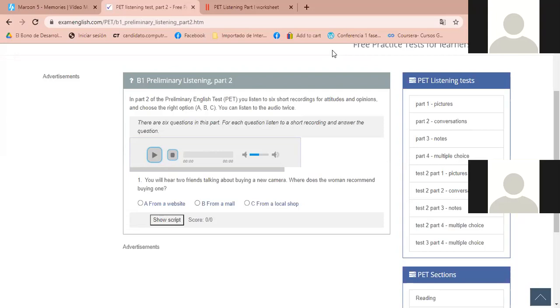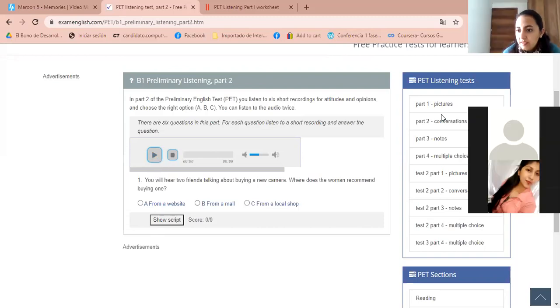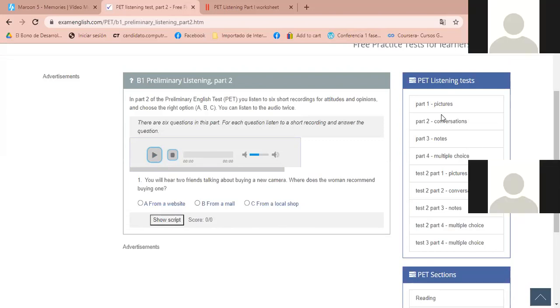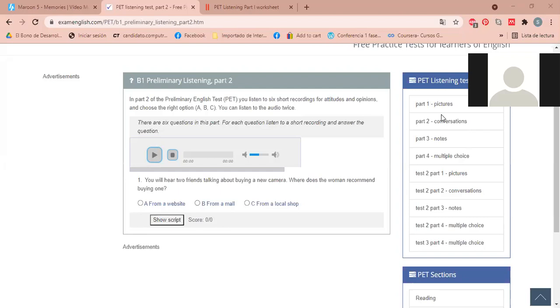So, we're going to listen to the record and you will help me with the answer. Pay attention, guys. Before we start with the listening, can you please help me reading this first question? Steffi, can you help me reading question number 1?